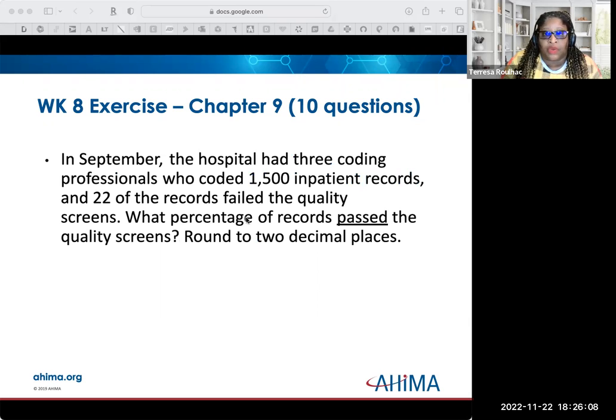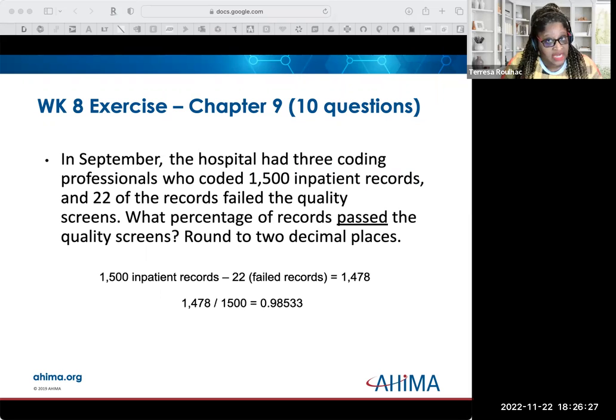Now, what percentage of records pass the quality screen? Round to 2 decimal places. Here, we have your 1,500 inpatient records minus your 22 failed records, giving you 1,478. 1,478 divided by 1,500 gives you 0.98533 times 100, 98.533.